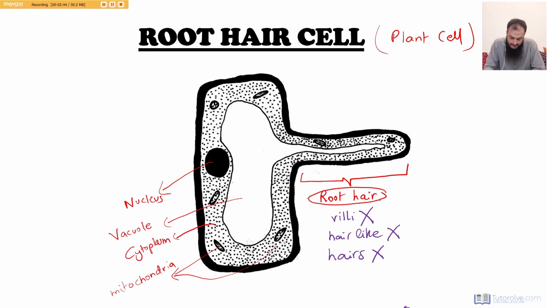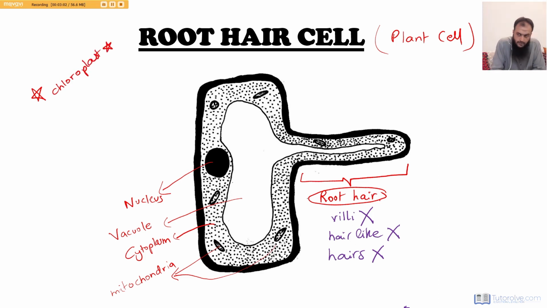Okay, now there's one thing that you must have been noticing, that we're talking about plant cells, but there's one thing that is missing in this particular cell, and that is the chloroplast.